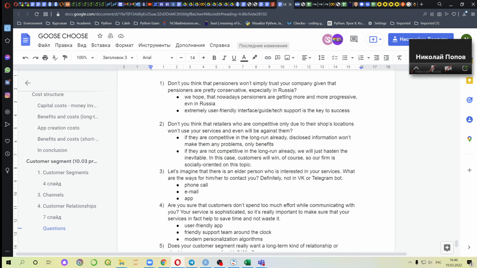Okay, so to answer this question, I believe we shall apply some kind of efficient market theory. If those firms are competitive in the long run already, the disclosed information won't cause them any problems, only benefits, because people will know that these firms are good, that they have some kind of advantages and so on.